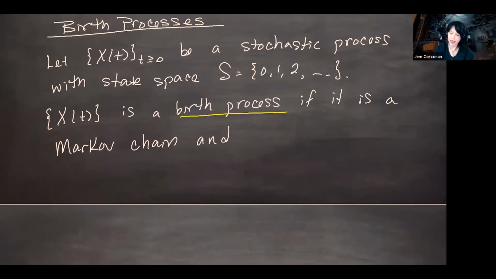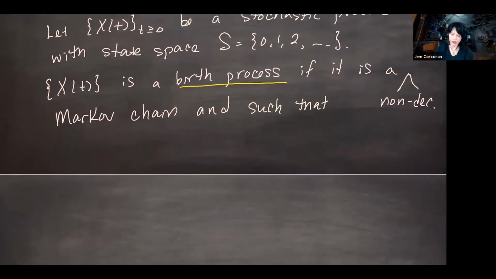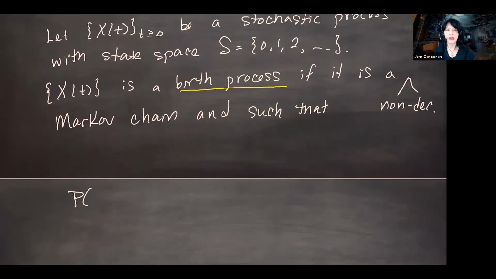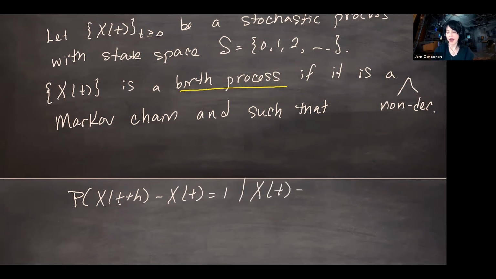If it is a non-decreasing Markov chain or process such that we have the probability of incrementing up by 1 in a small time interval of length h, given that we currently have I people in the population.